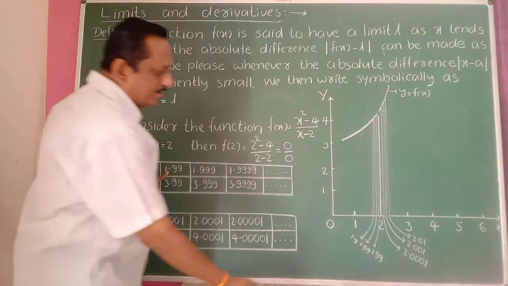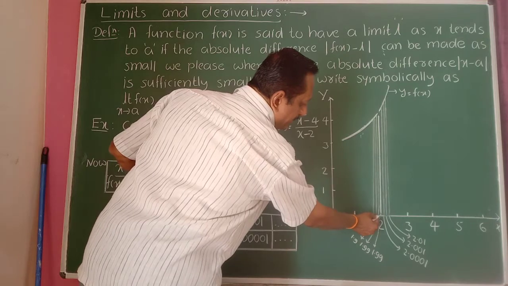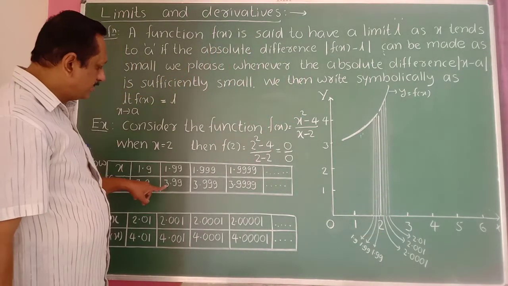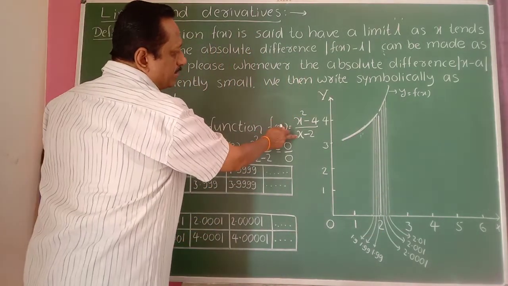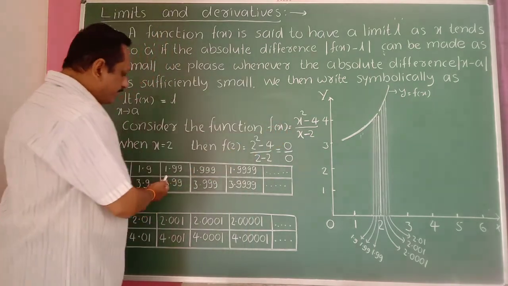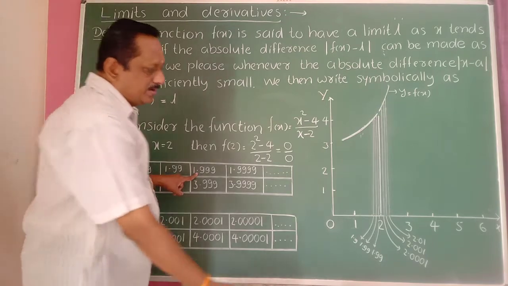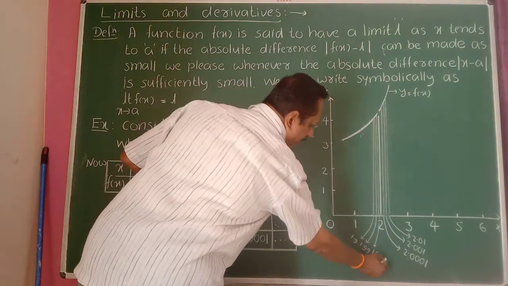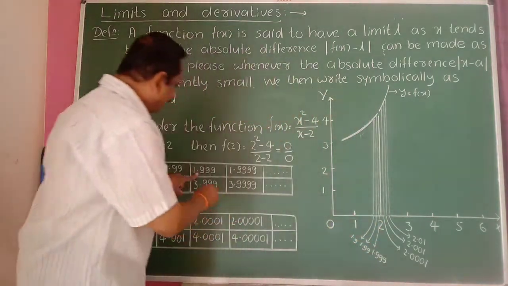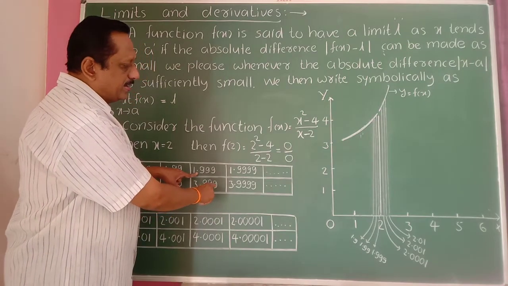Similarly 1.99, nearer to 2, we get 3.99. Suppose x is 1.999, then it gives 3.999.